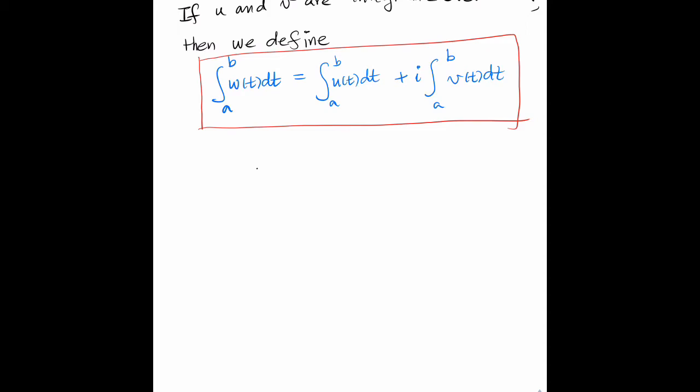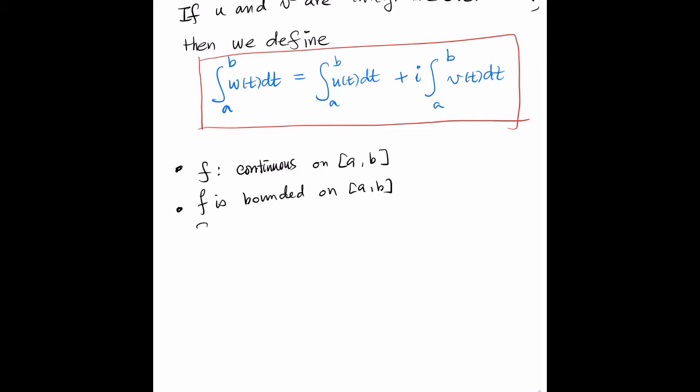If f is a continuous function on a, b, these functions are integrable, and f is bounded on a, b.